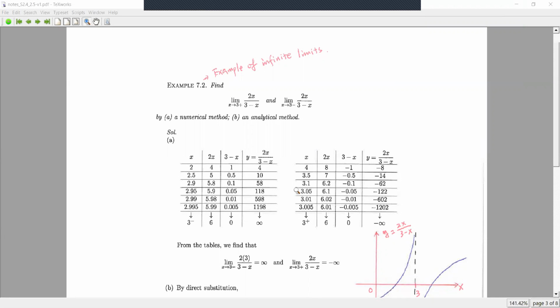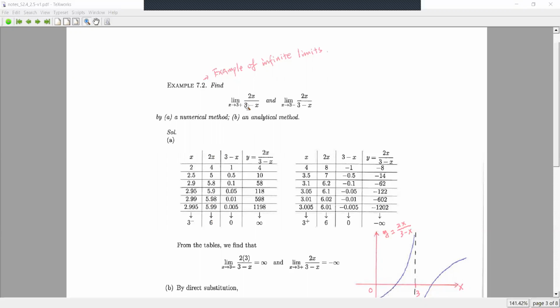In this solution, I have made two tables for the limits. This table is for this left-hand side limit, and this table is for this right-hand side limit. From this table, as x approaches the number 3 from the left side, the numerator of the function, 2x, approaches the number 6.